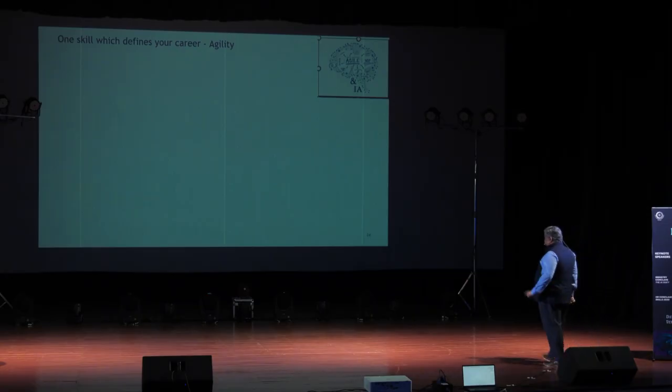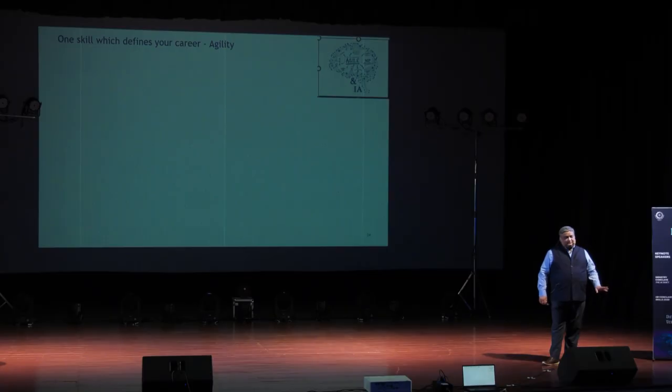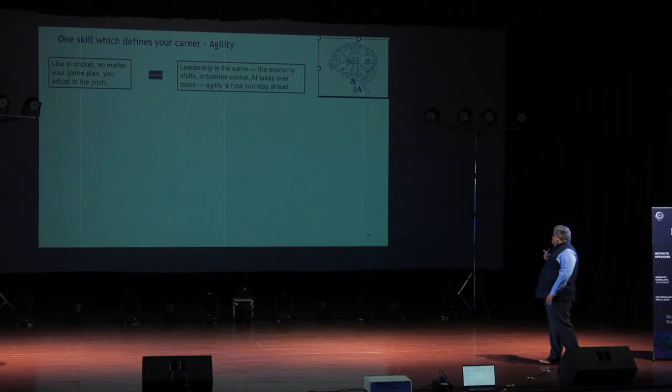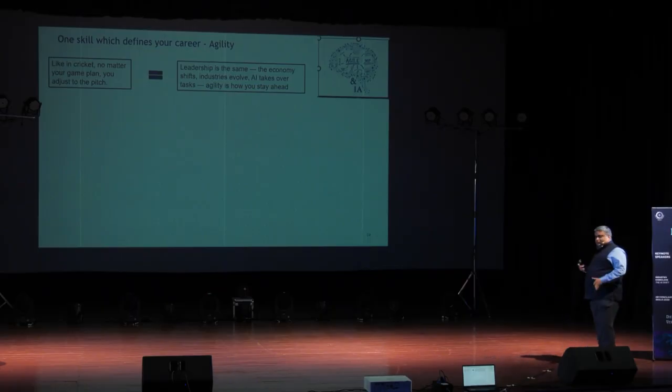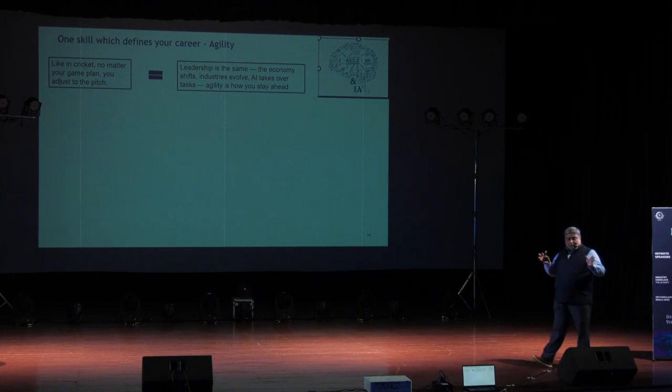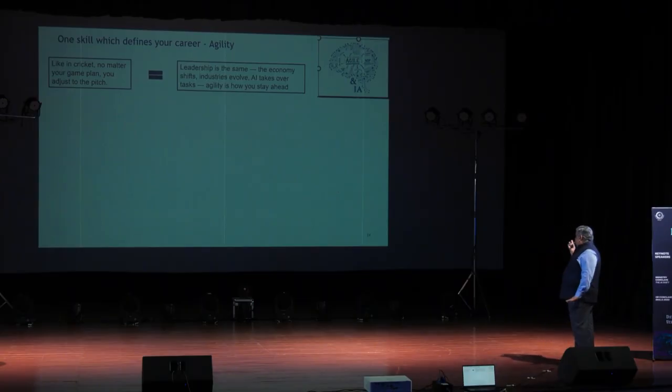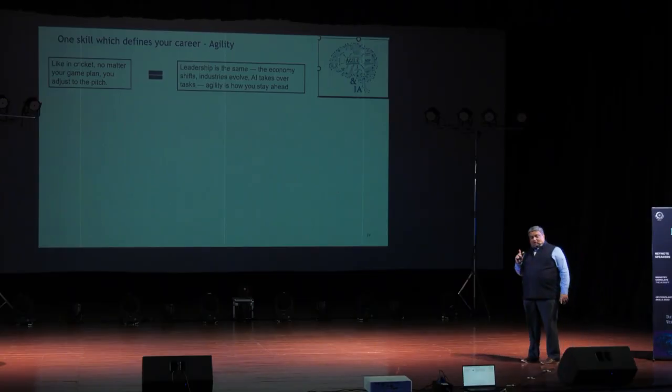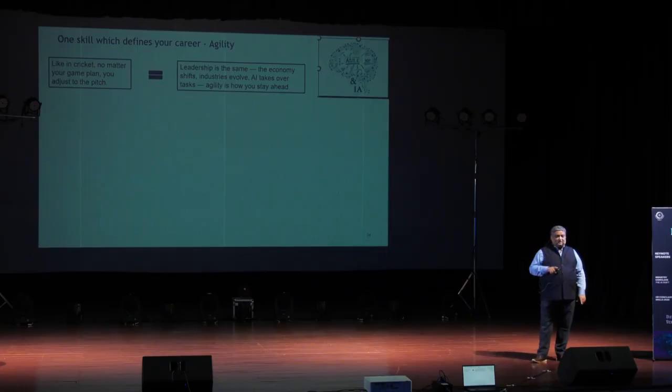One skill which defines your career: agility, mandatory. No choices, right? Like in cricket, no matter what your game plan is, you have to adjust to the pitch, right? Similarly, leadership is the same. The economy will shift, industries will evolve, and AI will take over tasks, but it's all about how agile you are to stay ahead of it.